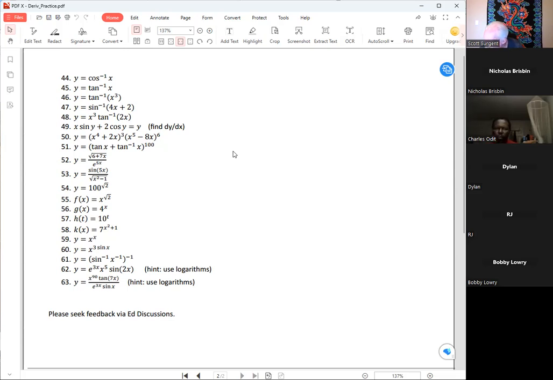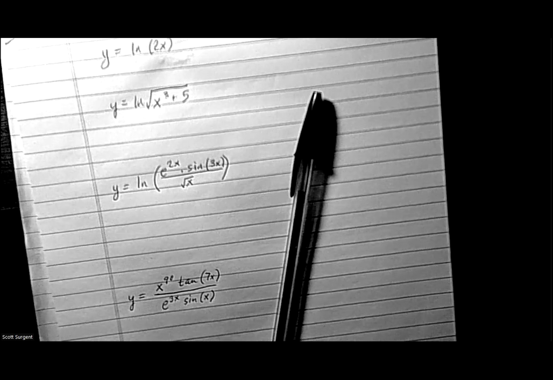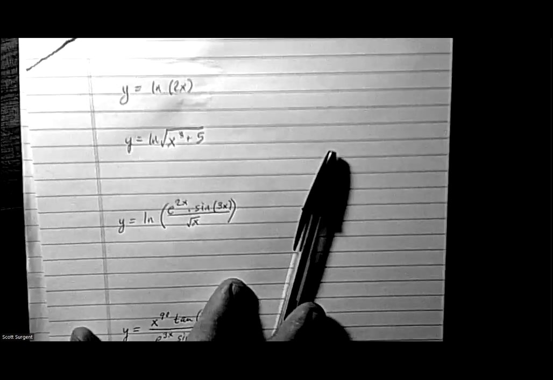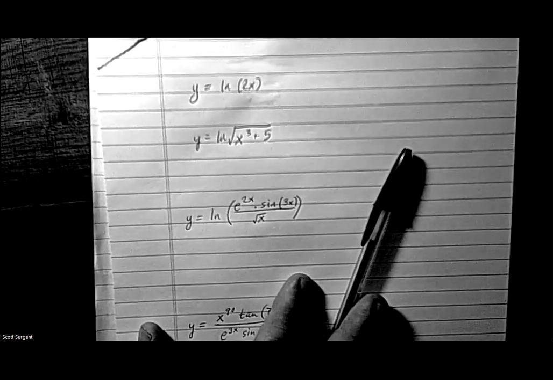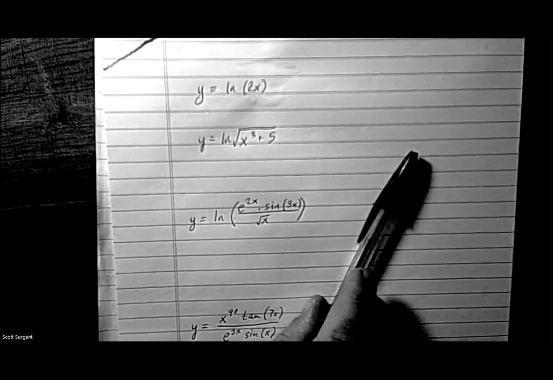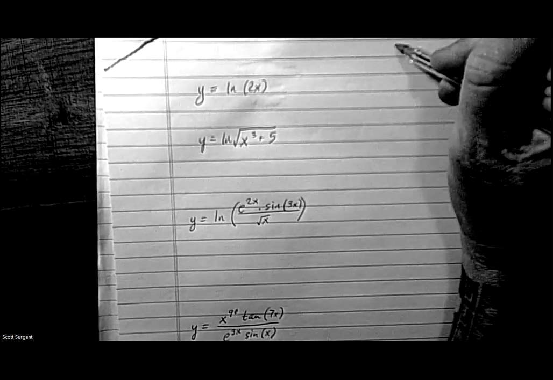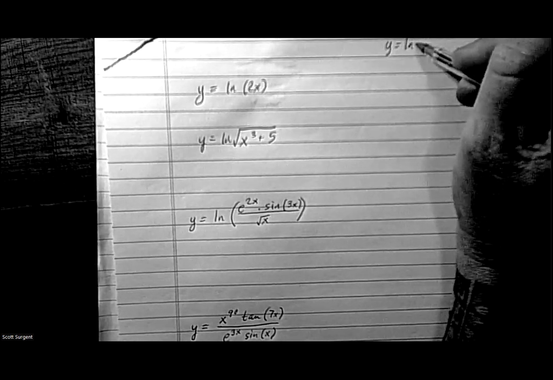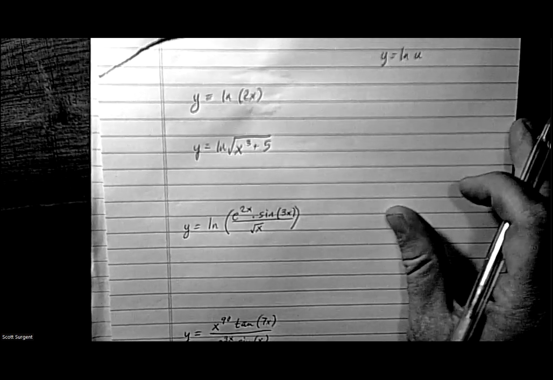All right, so I have four copied down. Ready? So the general rule: y is ln u.